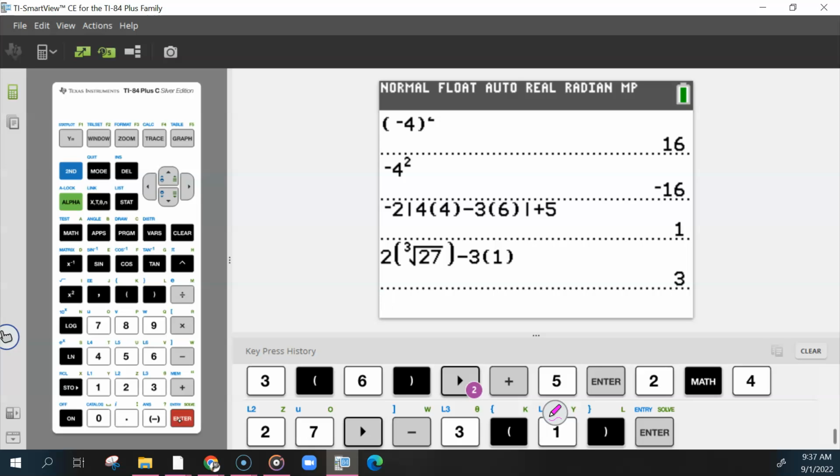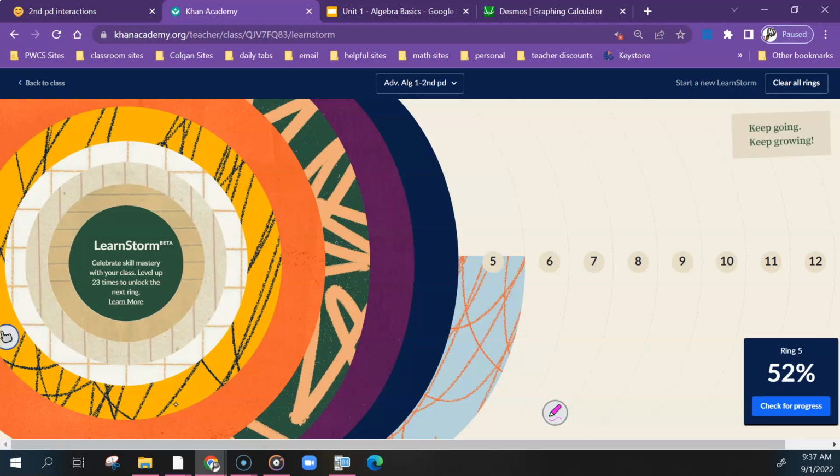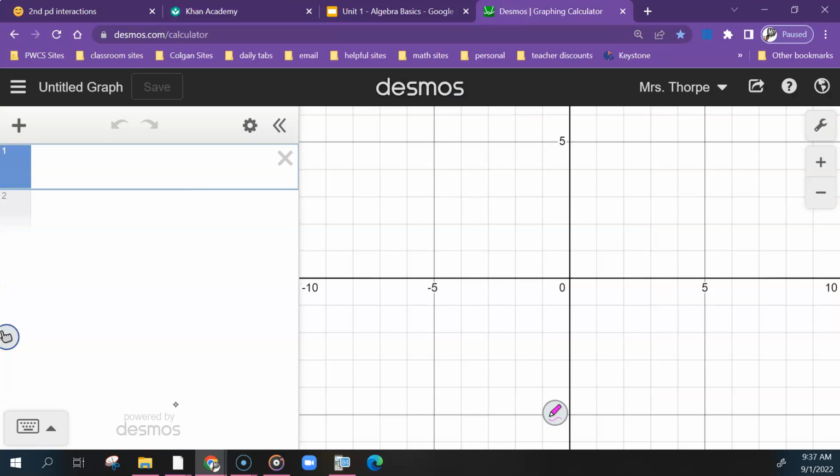If you are at home practicing this, I'm going to show you some Desmos stuff. If you have your Desmos tip sheet, a lot of this stuff is already on there, so you could pull that out when you're at home and practice this. Really, this is just so you know where these buttons are and how to do it.